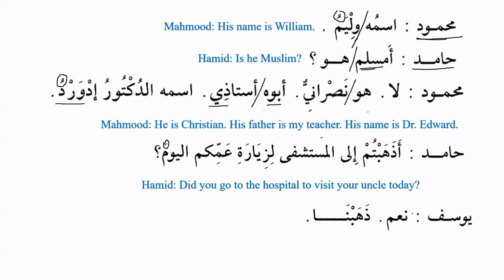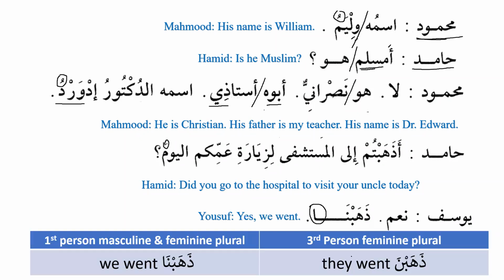Yusuf says, Na'am, yes. Dhahabna, yes, we went. Here we need to notice that when we talk about the third person feminine plural, we say dhahabna. For the dual, we also say dhahabna. Hal antuma dhahabtuma ila al-madrasati? Did you both go to the school? And you say na'am dhahabna.